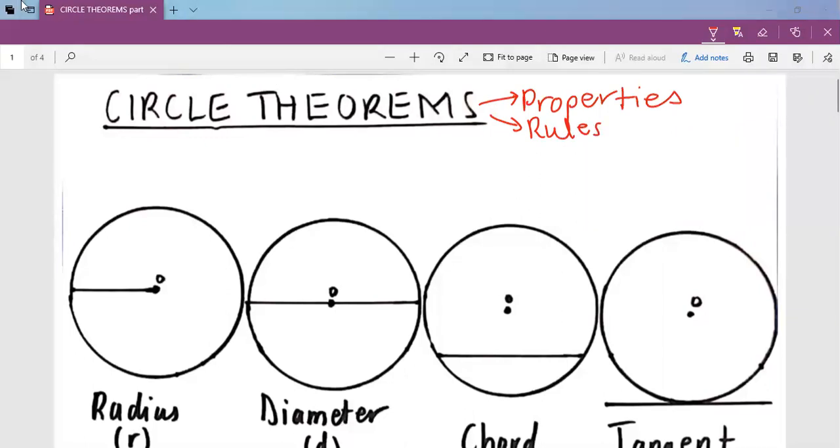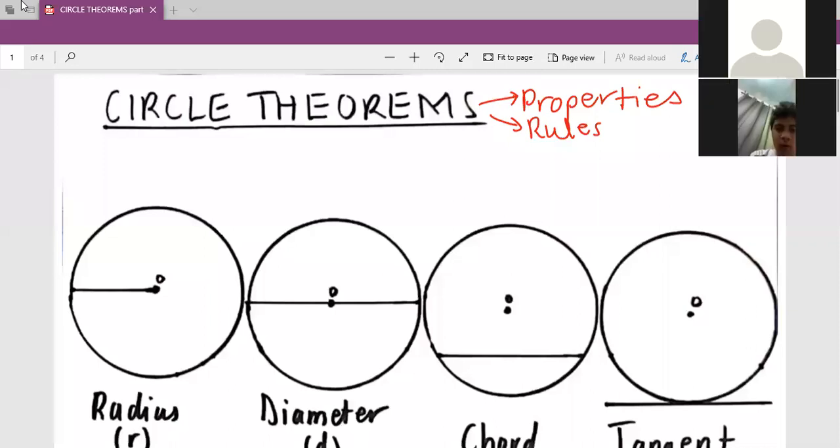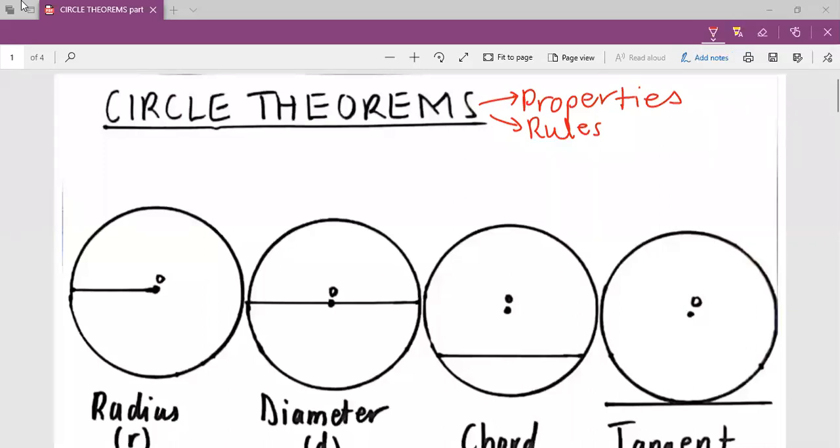Whenever you see a theorem or a property in mathematics, this means this item can never be manipulated or changed. Instead, you must use it in the way it is given. You cannot change it and do something different. Whenever you change it, you will always be wrong.